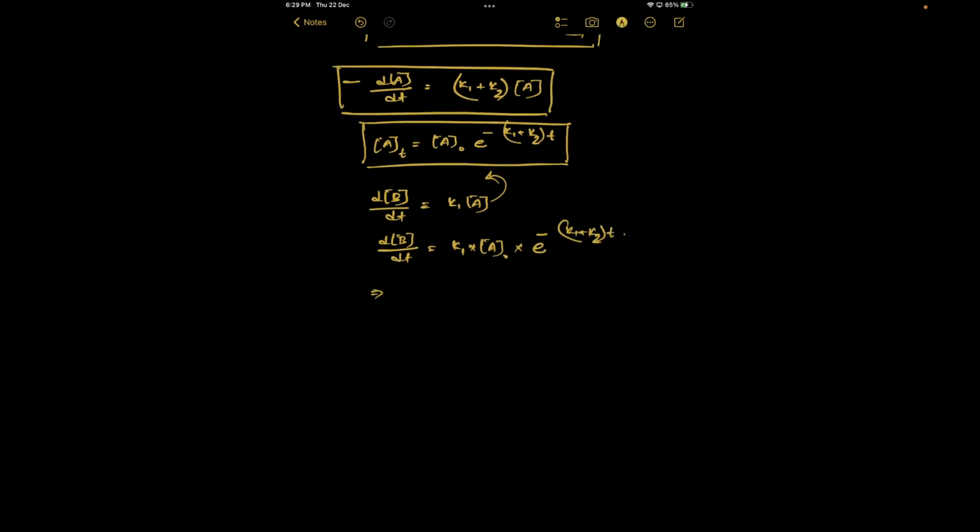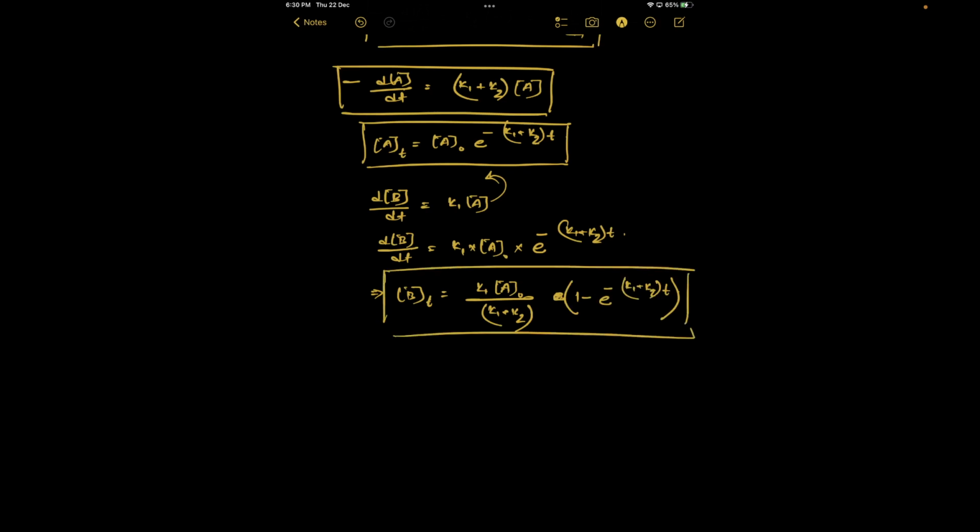So from here, by integrating, you can get the concentration of B also. This is actually K1 times A0 divided by (K1 plus K2), times (1 minus e to the power minus (K1 plus K2) t). So this is the concentration of B molecules with time.